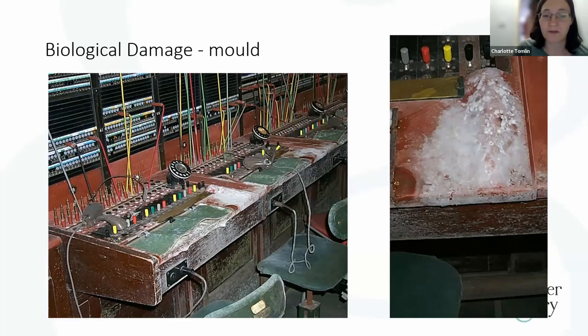But mold does, as I said, just grow on organic objects. So things like wood, leather, anything plant or animal based. However, it will grow on the surface of inorganic materials if there are organic contaminants, as in this case, such as the organic skin cells and things from this person's hand.